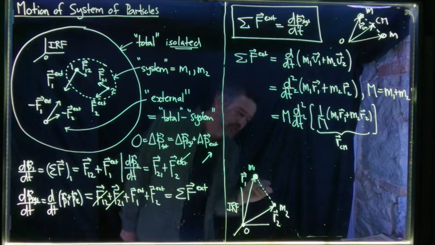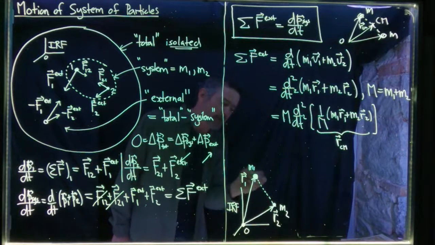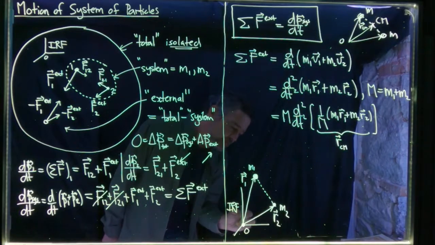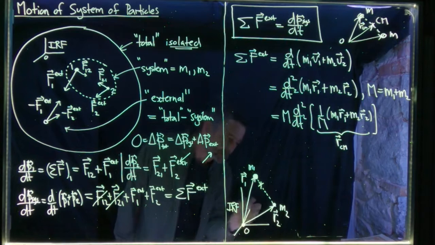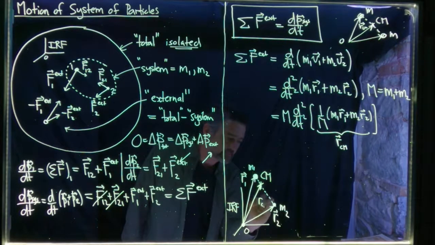When the masses are equal, the center of mass point is there, and RCM points from there to there. If M1 is much bigger than M2, then the center of mass point is located closer to M1, and RCM points from here to here. So that's actually the real situation, because the mass of the Earth is more than the mass of the Moon.